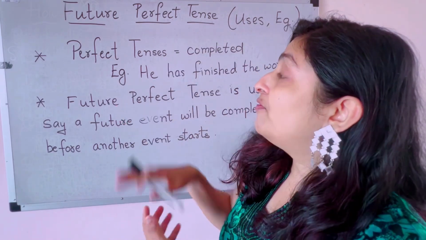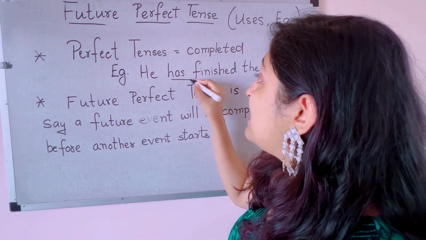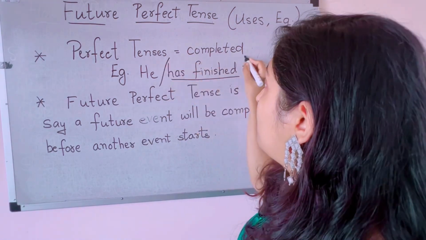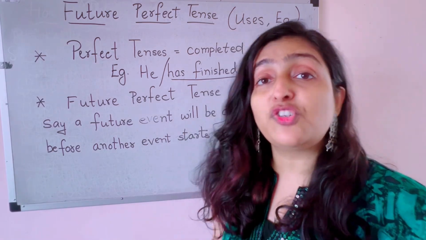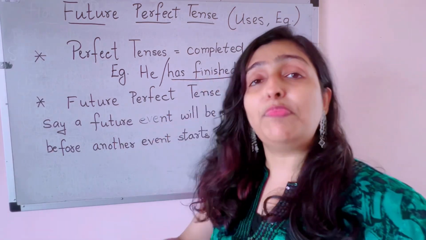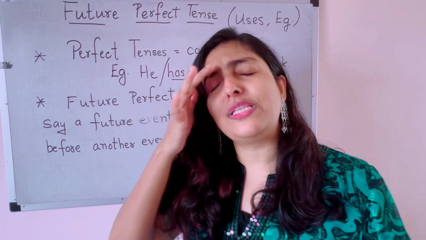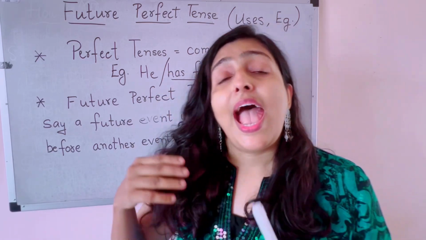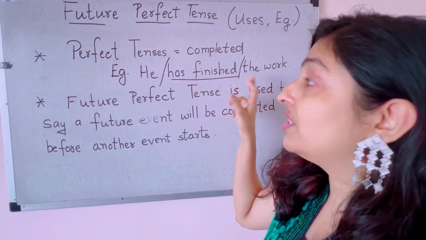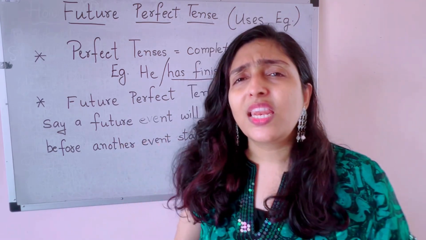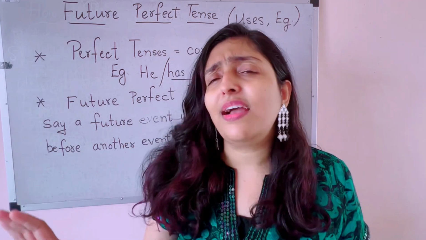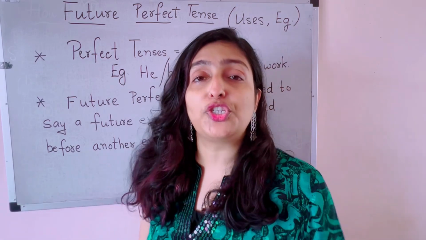For example, look here. He has finished the work. She has finished the work. This statement is in present perfect tense. In past perfect tense, it becomes he had finished the work. So perfect tenses usually mean it's completed, it's done, it's over, it's finished.